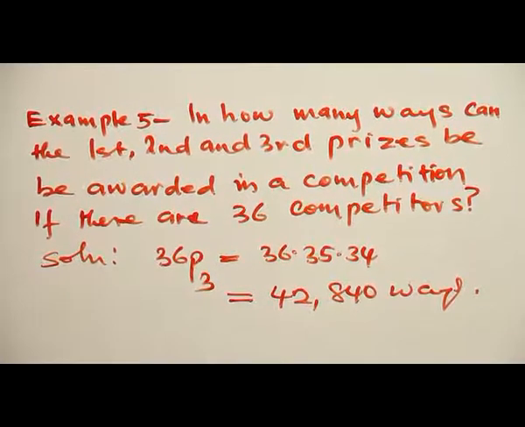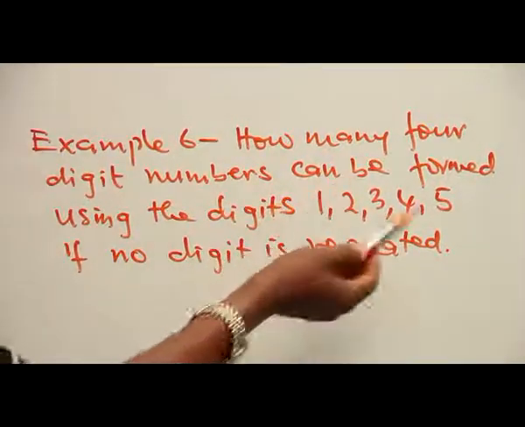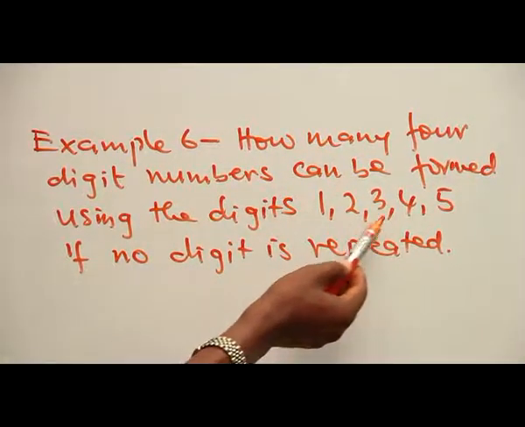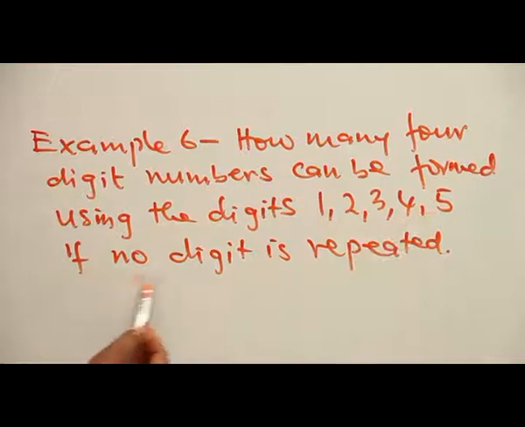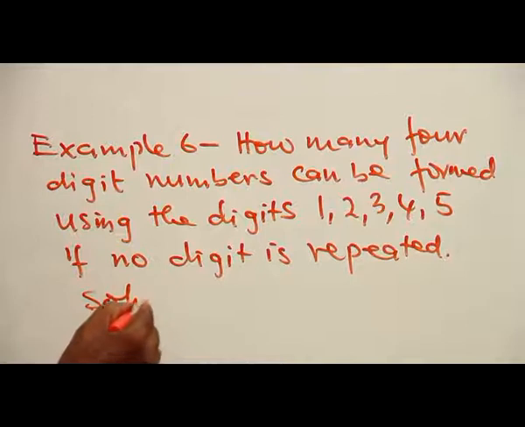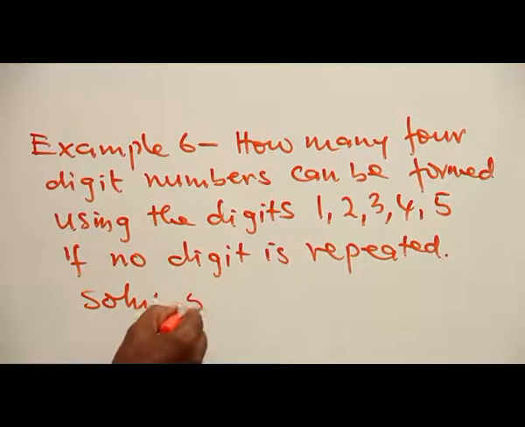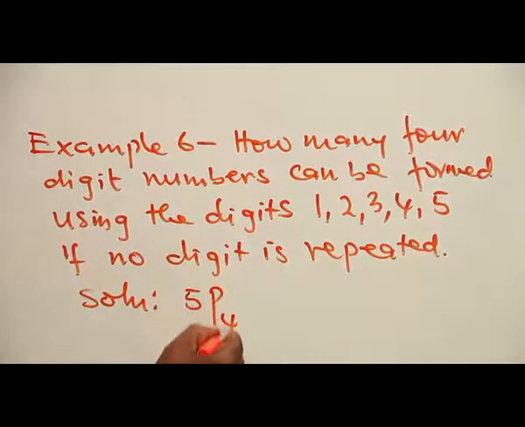Number 6, how many 4-digit numbers can be formed using the digits 1, 2, 3, 4, 5 if no digit is repeated? Our solution: we are interested in any 4 digits that can be formed using those 5 digits. So we have 5 permutation 4.